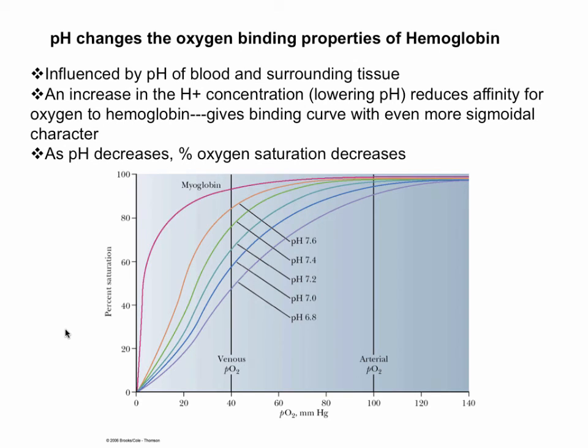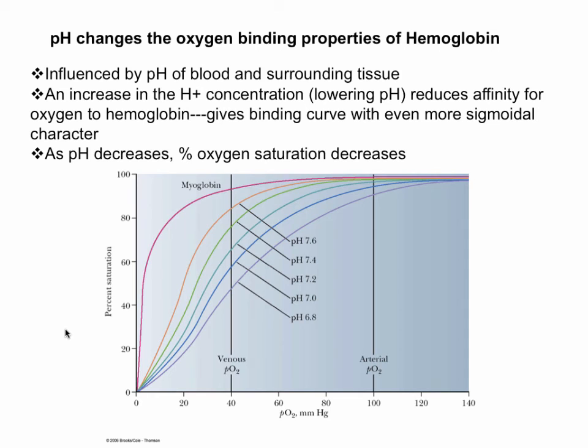And what happens is that as the proton concentration increases, so the pH gets lowered, this actually reduces the affinity of oxygen to hemoglobin. So this gives a binding curve with an even more sigmoidal character. And so as the pH decreases, the percent oxygen saturation also decreases.